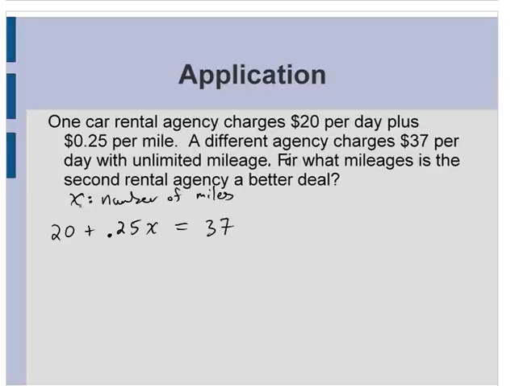All right. But wait a second, we don't want them to be equal. We want the 37 to be less than the other one. Well, that's the same as saying the first one is greater than. So we want the 20 plus 0.25x to be greater than 37.